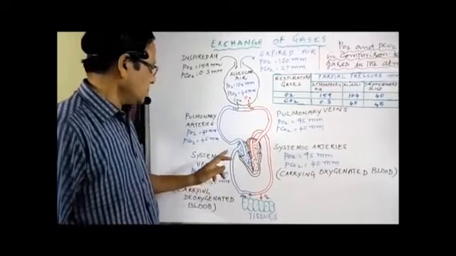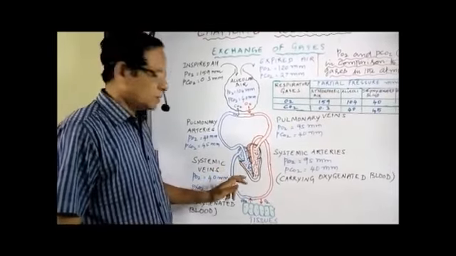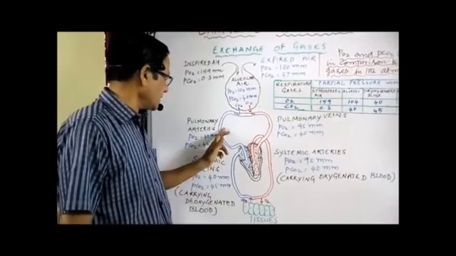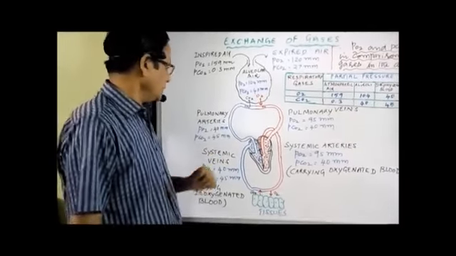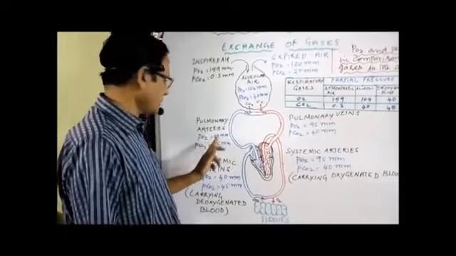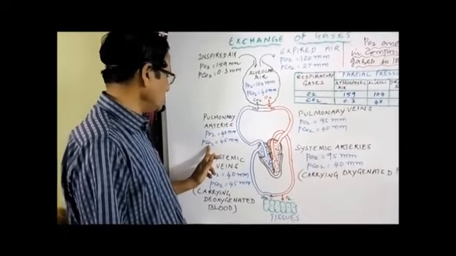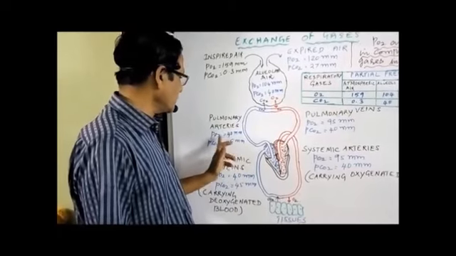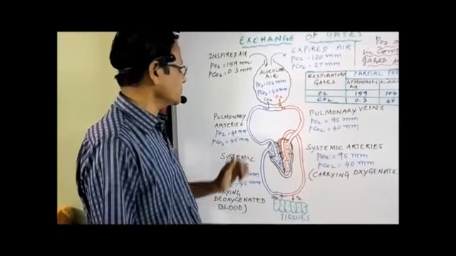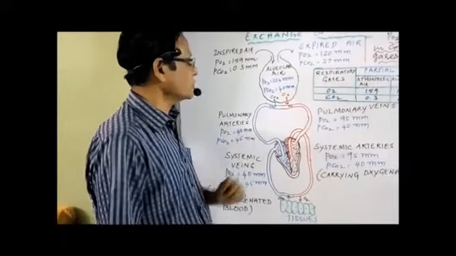The deoxygenated blood from the heart is carried by pulmonary arteries to the alveolus. In the pulmonary arteries, the PCO2 level is high, that is 45 millimeter mercury, and the partial pressure of oxygen is 40 millimeter mercury. That blood is carried to the alveolus.